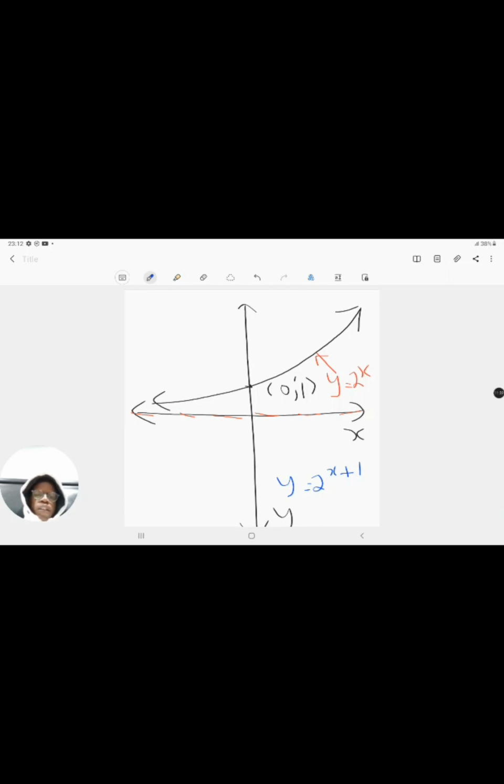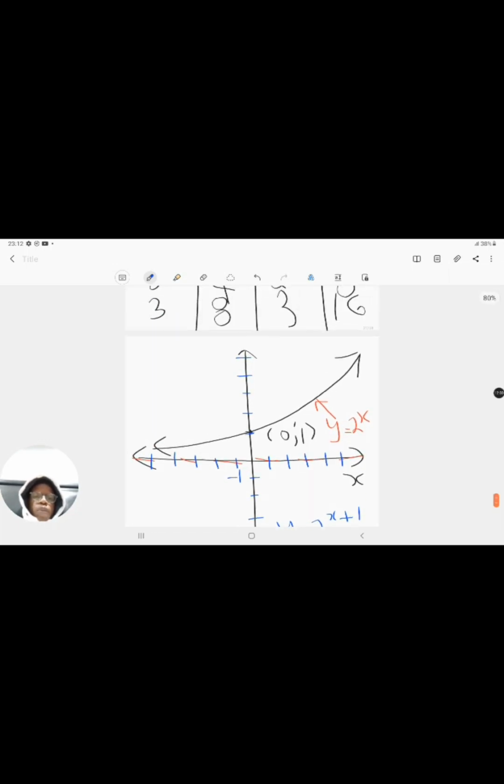Let's say that's 1, 2, 3, 4, 5 on each axis. So for the new graph, when x is equal to minus 1, that graph is equal to 1.